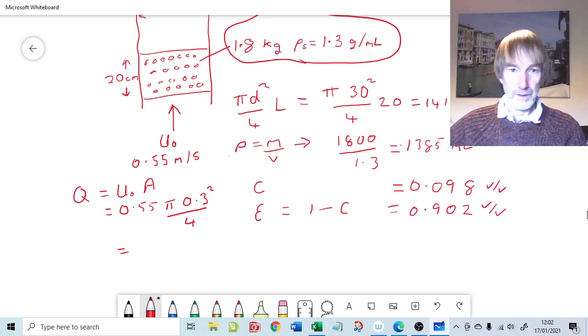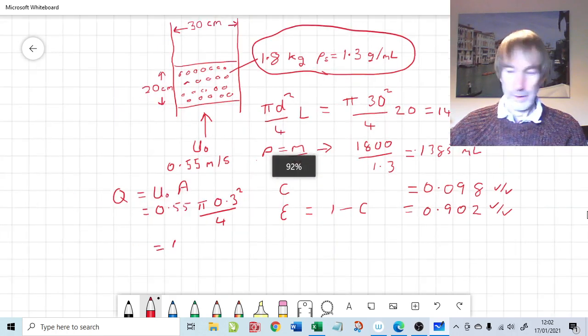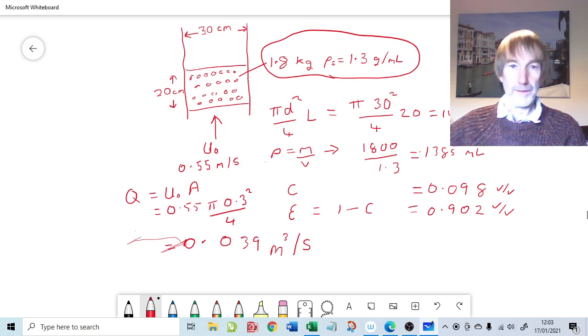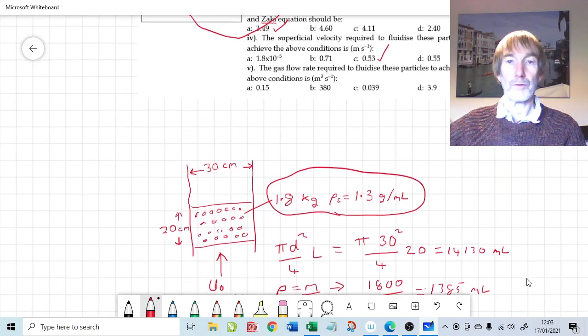That gives us a value of 0.033 meters cubed per second, which is 0.039.